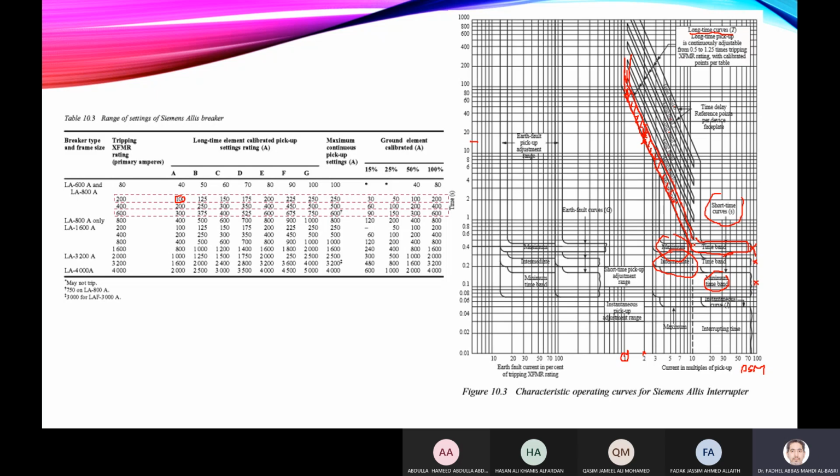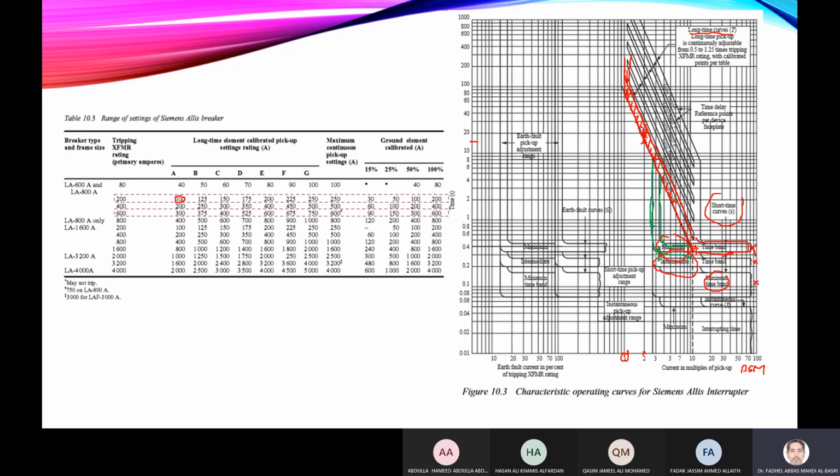If I choose my short time pickup setting at this level, the curve will look like this for the short time element.